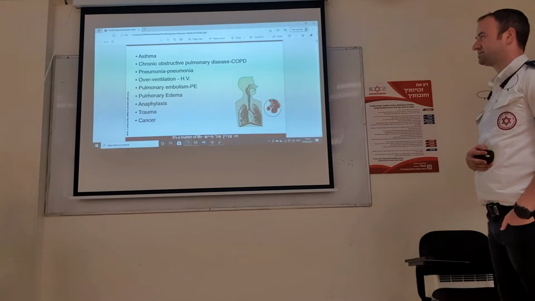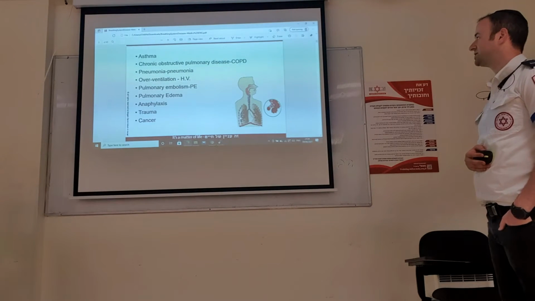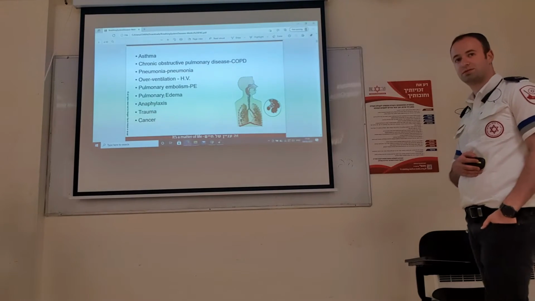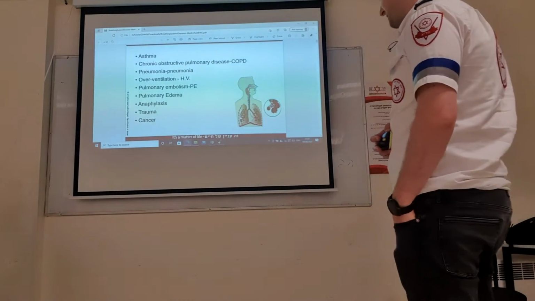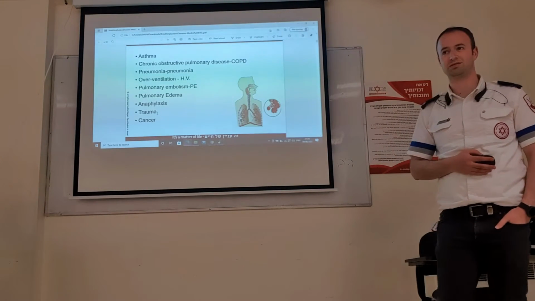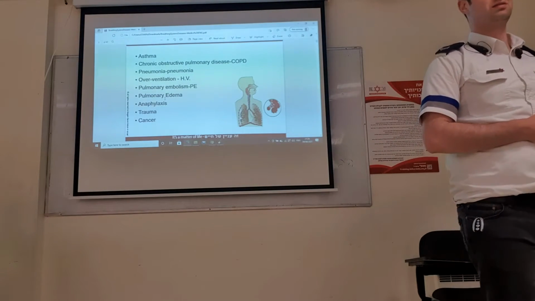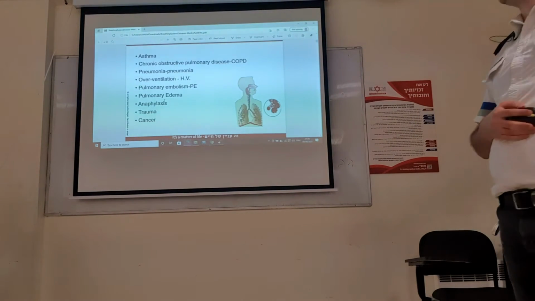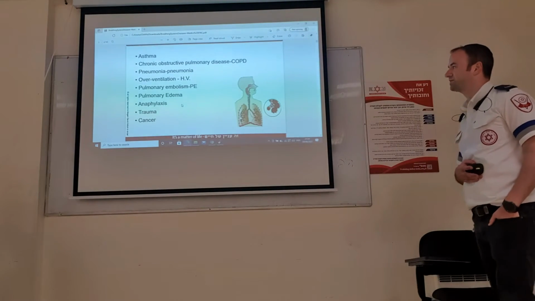Pulmonary embolism, where we have a blood clot in the lung. Pulmonary edema, we spoke about that, where the swelling causes drowning in the lungs. Anaphylaxis is a severe allergy, like peanut allergies, bee stings, and fish, milk, and other allergies.